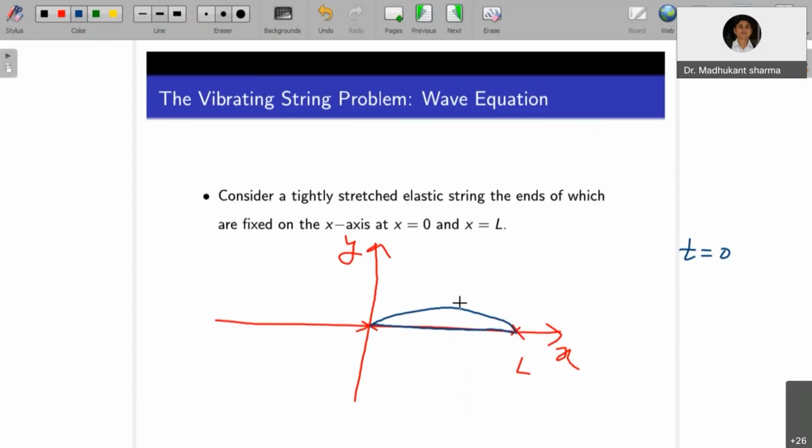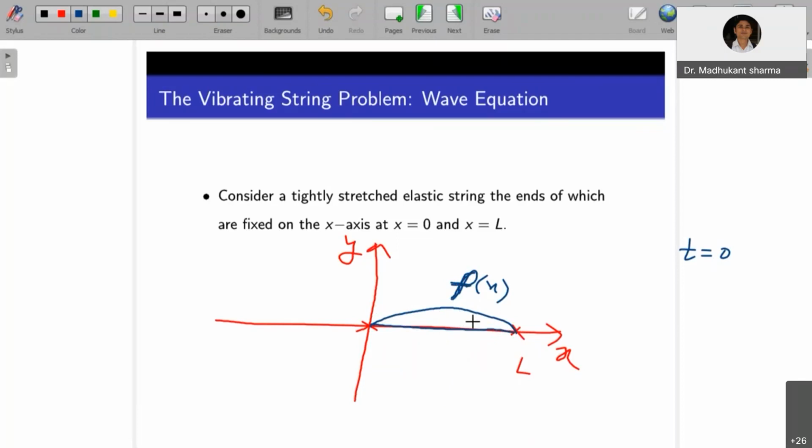Let's take this curve as f of x at t equals 0, the initial position is f of x, and you leave it with the velocity g of x. At every point x there will be a different velocity. Then it will start vibrating.